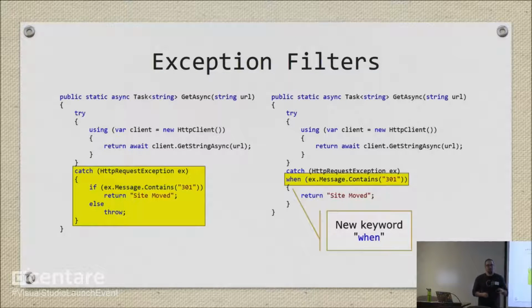Can you have multiple whens on a single catch? No, it's a single when per single catch. Everything inside the parentheses needs to become a Boolean, so this can be a function outside of here that takes a generic exception and does other things like logging.